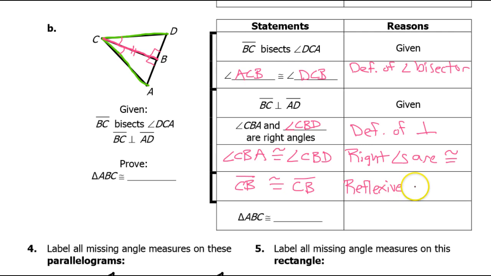Okay, now that gives me enough information to say that triangle ABC is congruent to triangle DBC because of angle, side, angle.